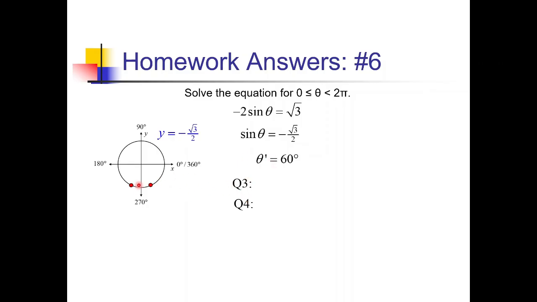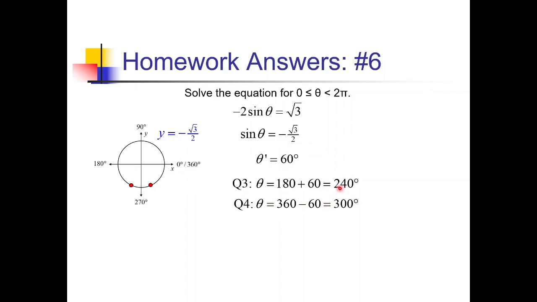So for quadrant 3, I have to start at the 180 line and move 60 degrees forward to get here. So 180 plus 60 is going to give me 240 degrees down here. And now for quadrant 4, I have to start over here at 360 and go 60 degrees backwards to get down here. So that's going to be 360 minus 60, which is 300.